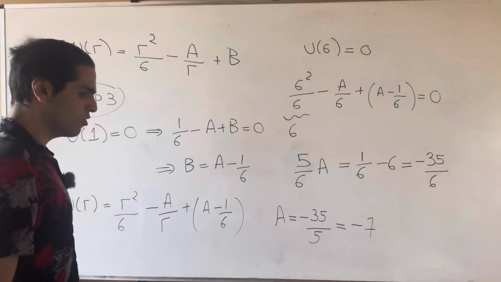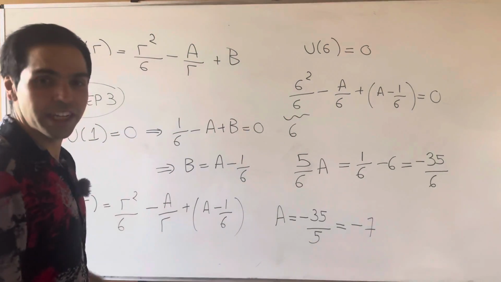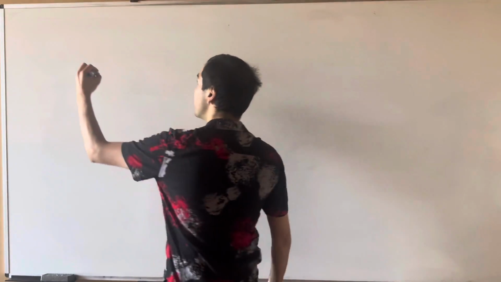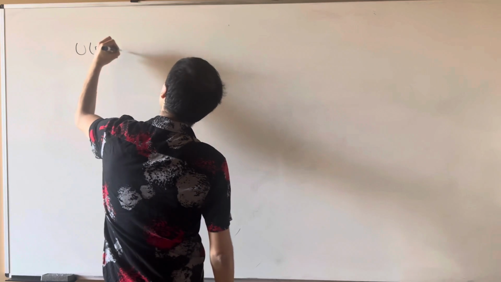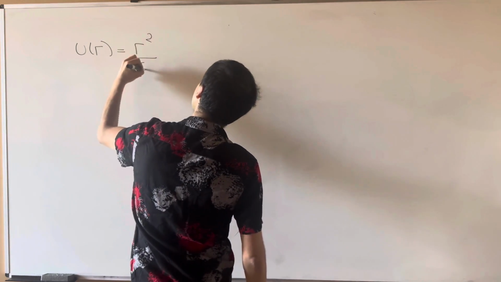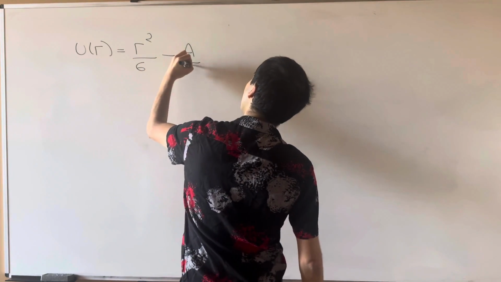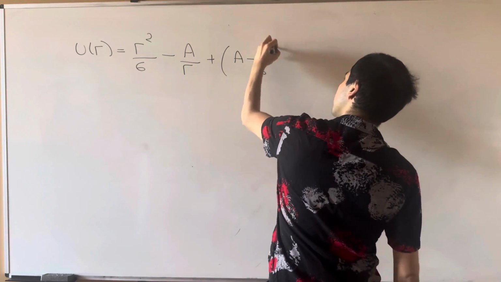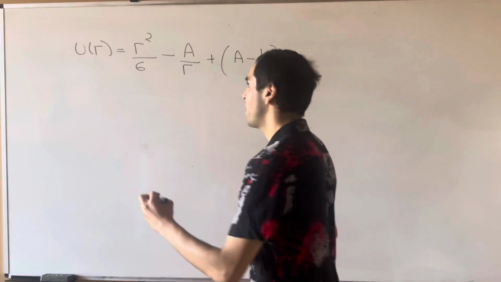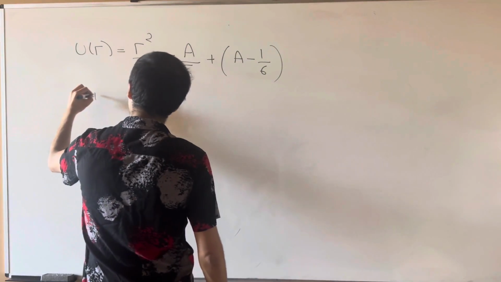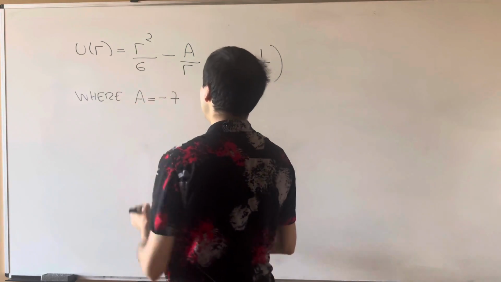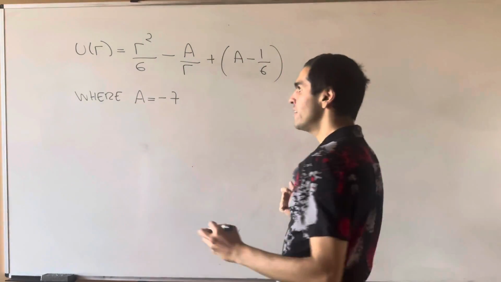And in particular, we found a, and now we can just plug into this formula. And so let me remind you what we got. We have u of r is r squared over 6, and I believe minus a over r, and then plus a minus 1/6, where a was minus 7. And now we can finally plug everything in.